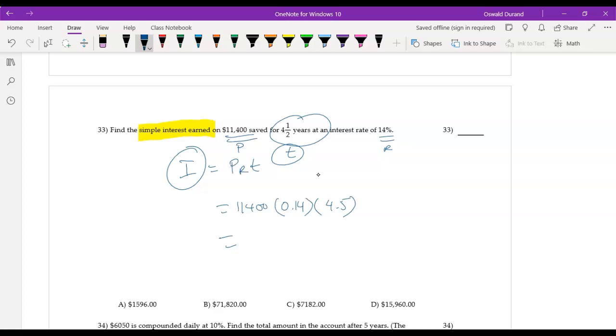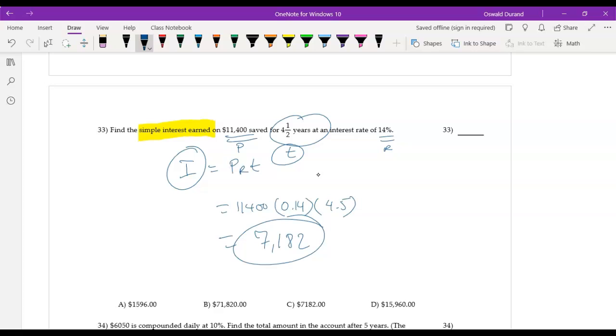Everything has to be multiplied, and that gives me 7,182.